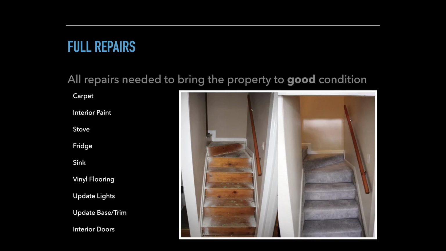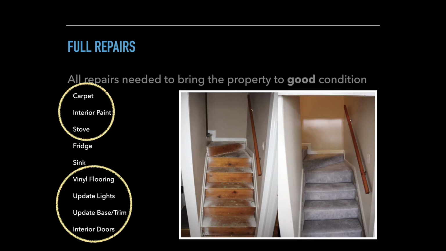Now, going full repair is not a remodel. Full repair is really just saying, hey, I've looked at everything on the BPO or the final valuation, and I've decided that if I want the home to be in good condition, I need to make all the repairs, okay? Now you'll notice in this example, I left out the fridge and the sink and I still considered it a full repair.